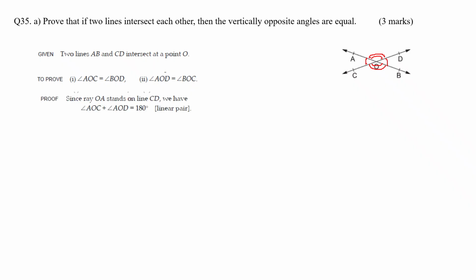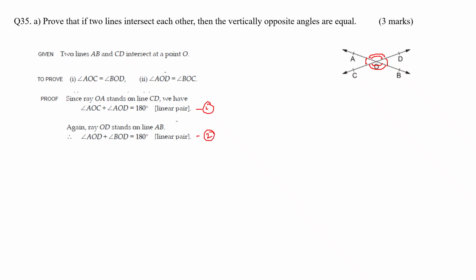So in the proof, first we will write, since ray OA stands on line CD, so angle COA or AOC plus AOD is 180 degrees. This is the first part because they are forming a linear pair. This is number 1. Same way, now ray OD stands on line AB, so angle AOD plus angle BOD is equal to 180 degrees. This is number 2.